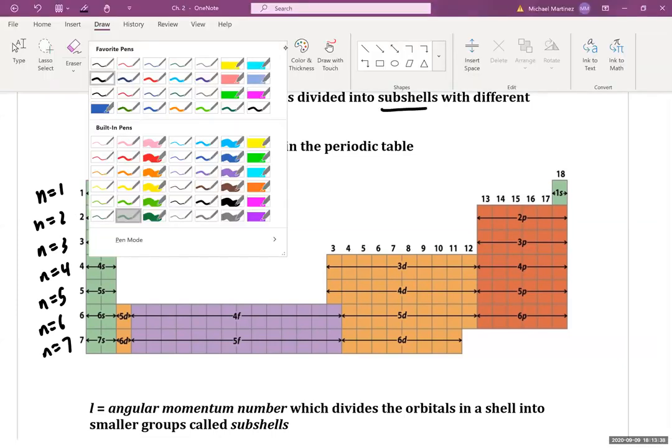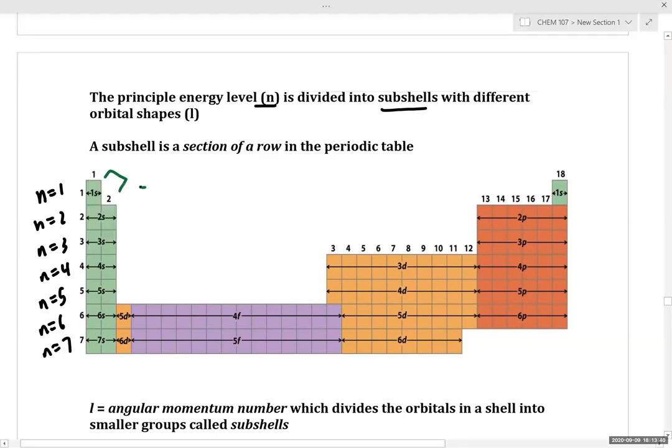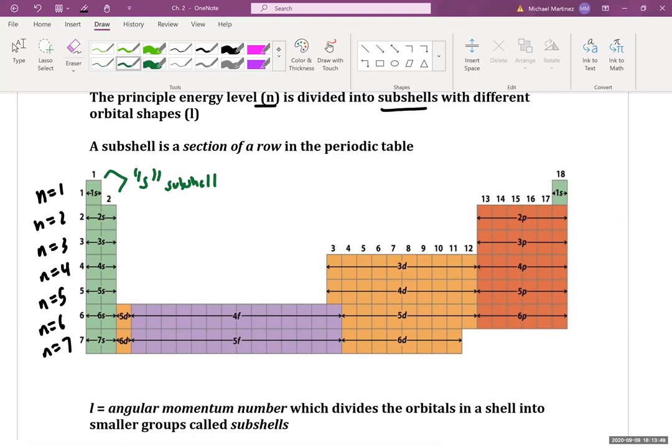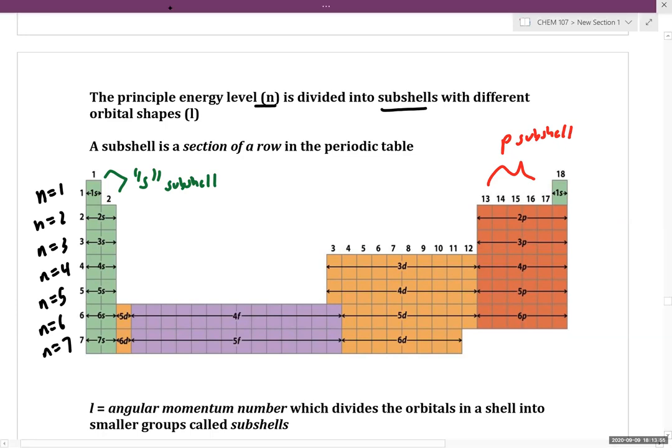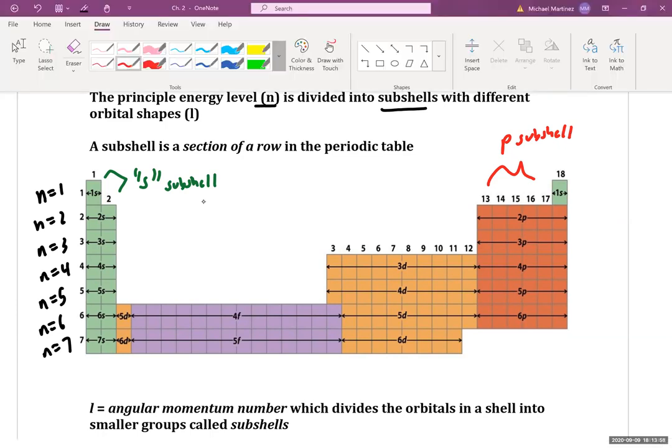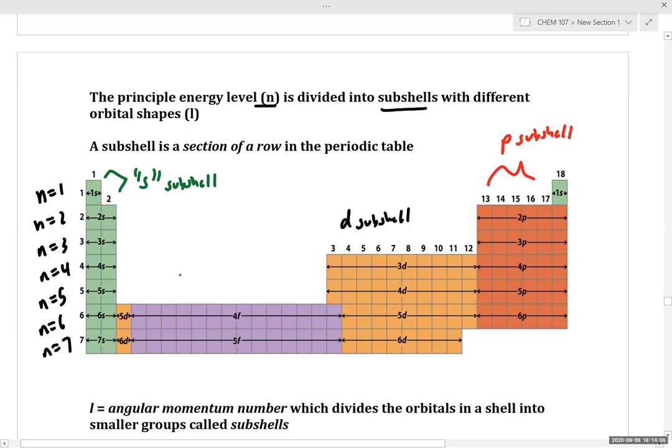For example, this first set of two elements is known as the s subshell. The right 6 elements are known as the p subshell. We also have the d subshell and the f subshell. Each subshell has a different orbital shape, and each subshell is describing a section of a row in the periodic table.